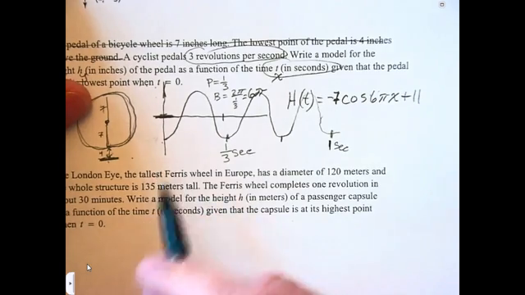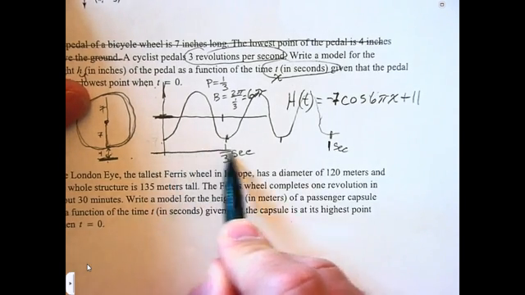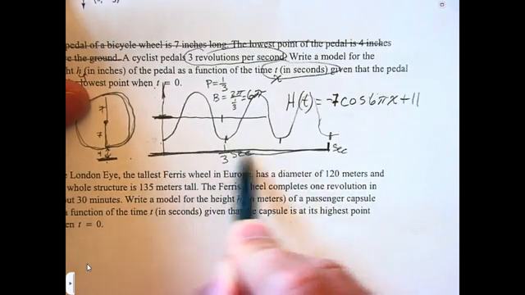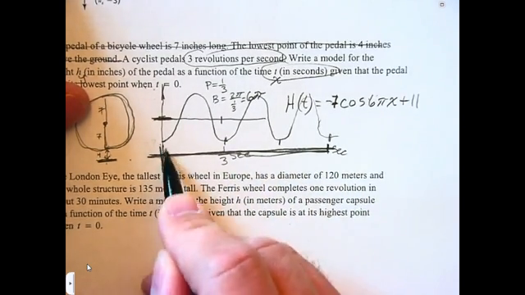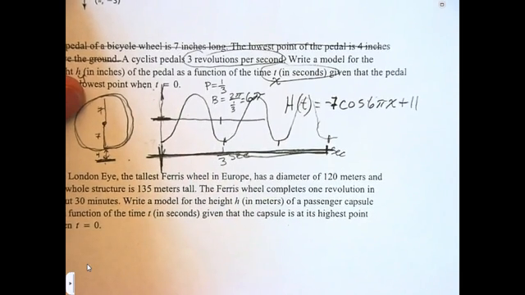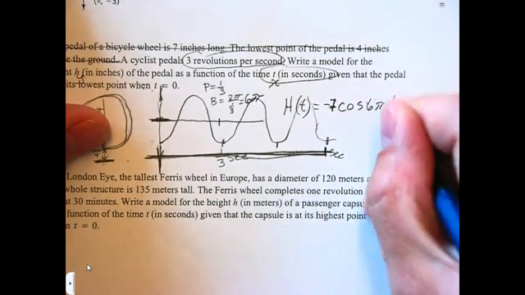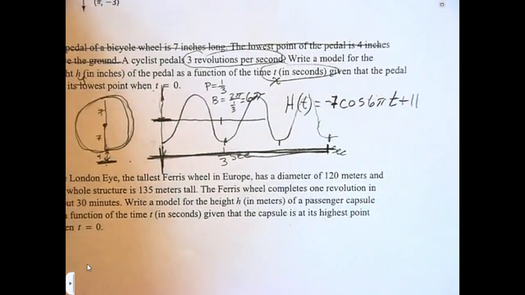So really our ground level, our actual x-axis, is right here. All we have up here is our midline. Yes, it should be t instead of x. Good call. At least I remembered a variable.